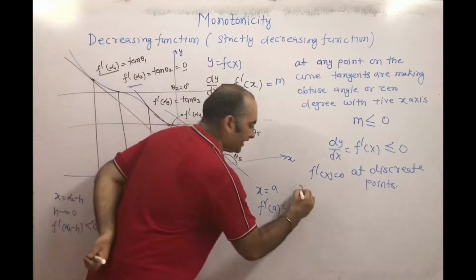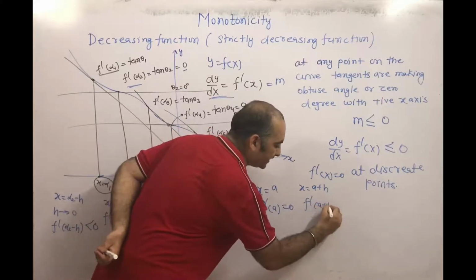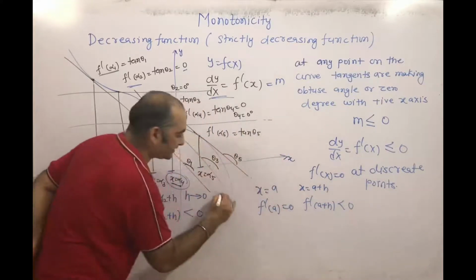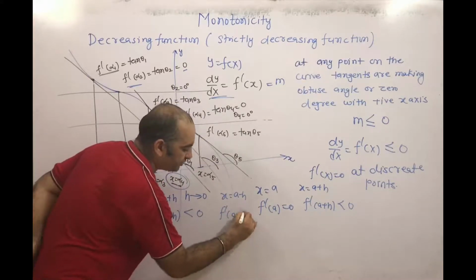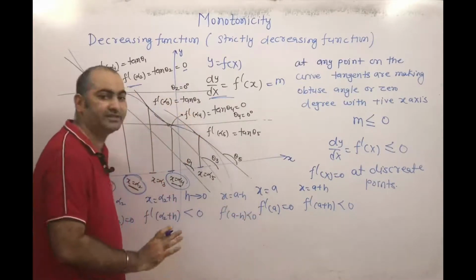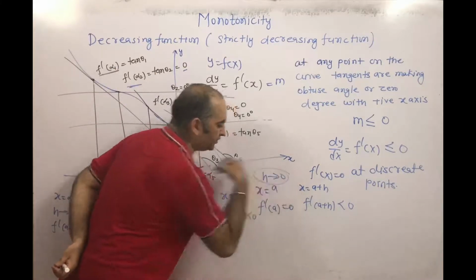So here at x equal to a plus h, f dash a plus h should be less than 0, and x equal to a minus h, f dash a minus h should be less than 0 for decreasing function. And here h is very small, h is tending to 0.